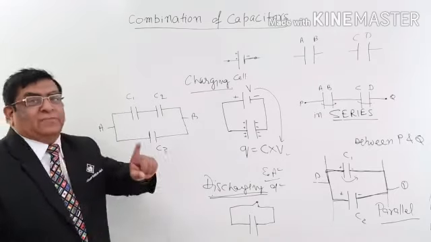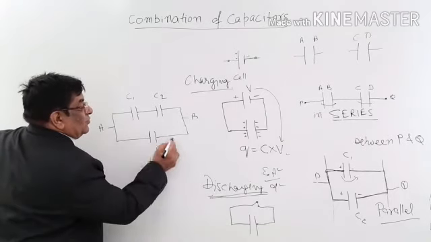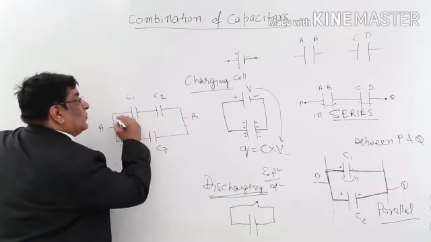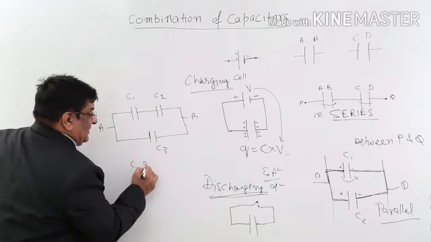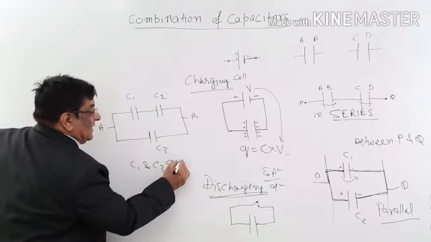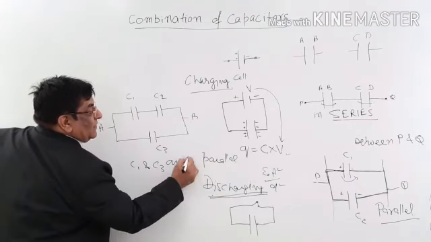Similarly, one very important thing I would like to tell: if from A to B we are going through C3, and from A to B we are going through this, then C1 and C3 are parallel, not.